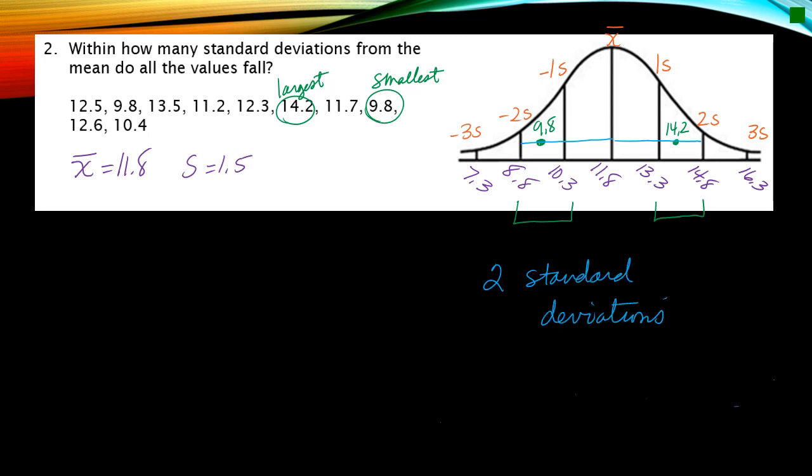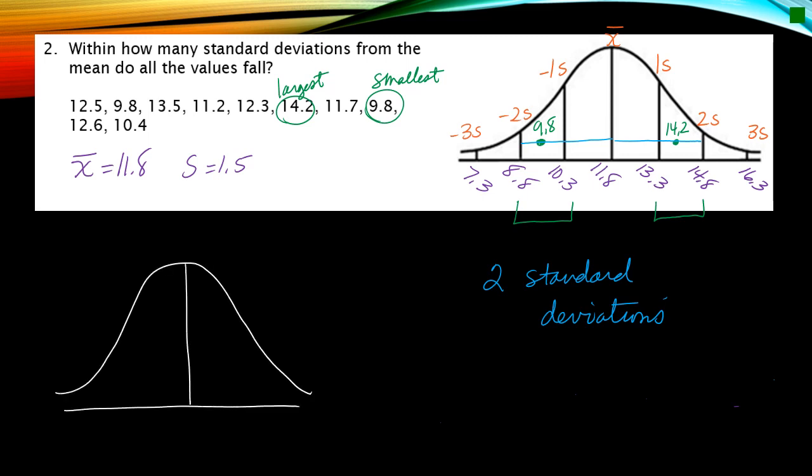Now, it hasn't happened in either of these problems, but it is possible. I'm going to draw a real quick picture down here. It is possible that you have a normal curve, and your smaller data point might fall 1 standard deviation away, and your larger data point might be 3 standard deviations away.